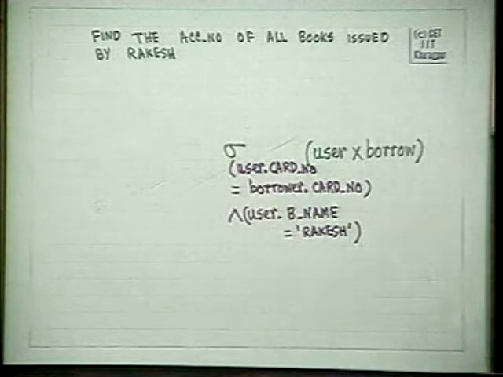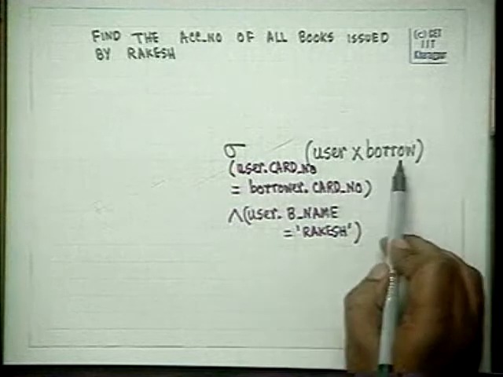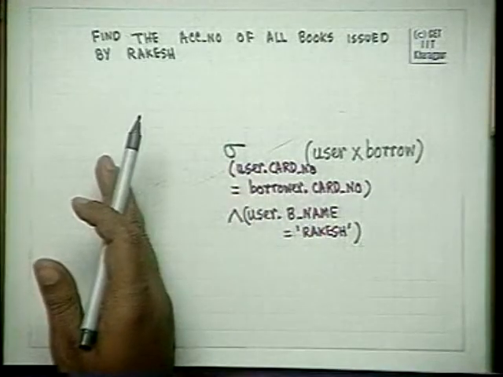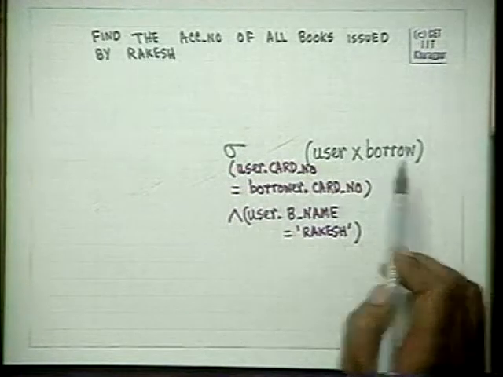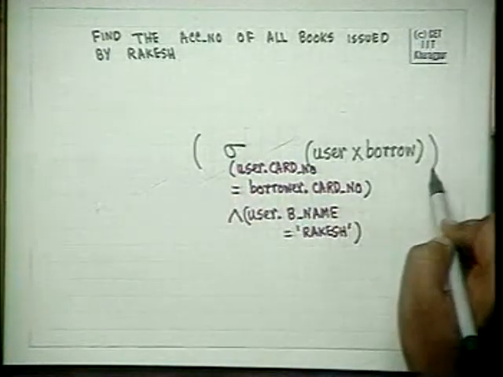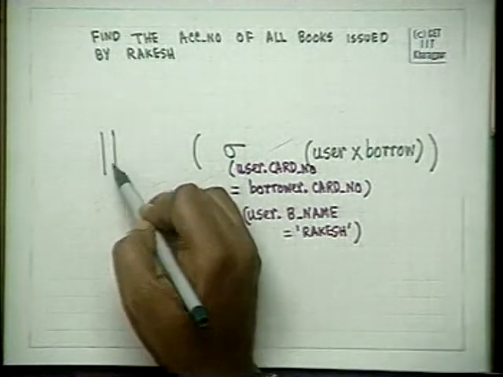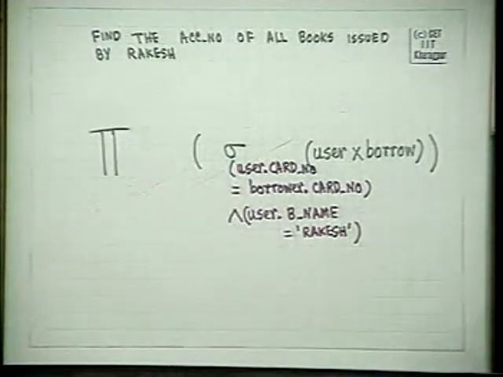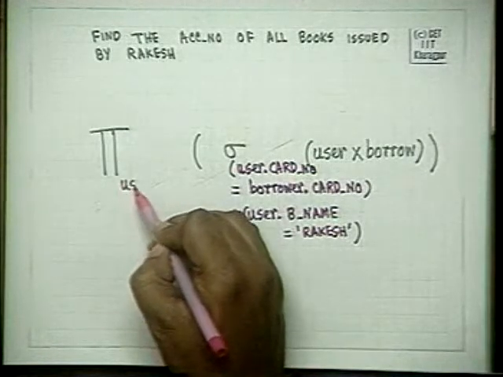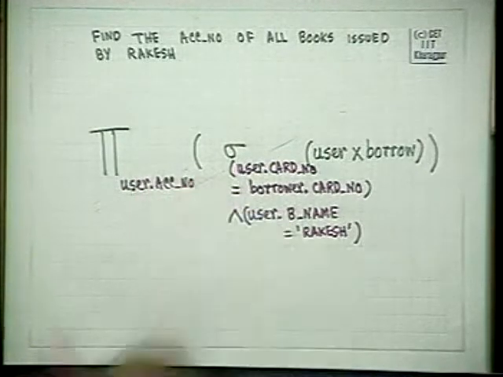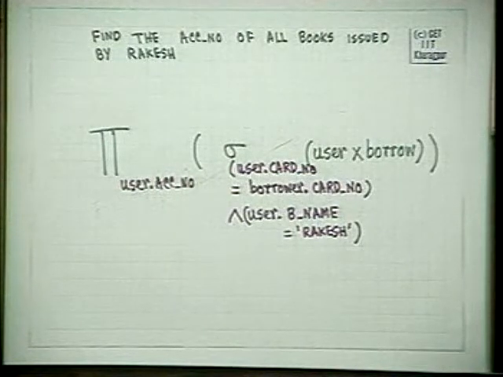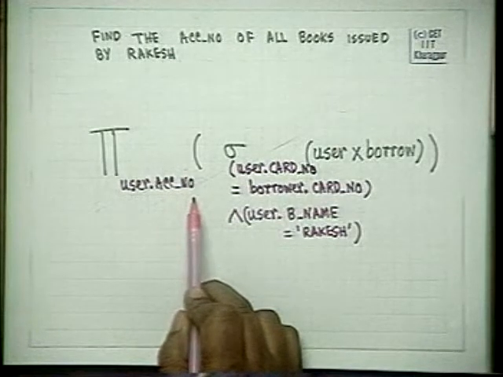And now all I am left to do, this is a relation. What will it return here? It will return all the 6 attributes of user cross borrow. And what I want out is only the accession number. I will project out only the accession number.